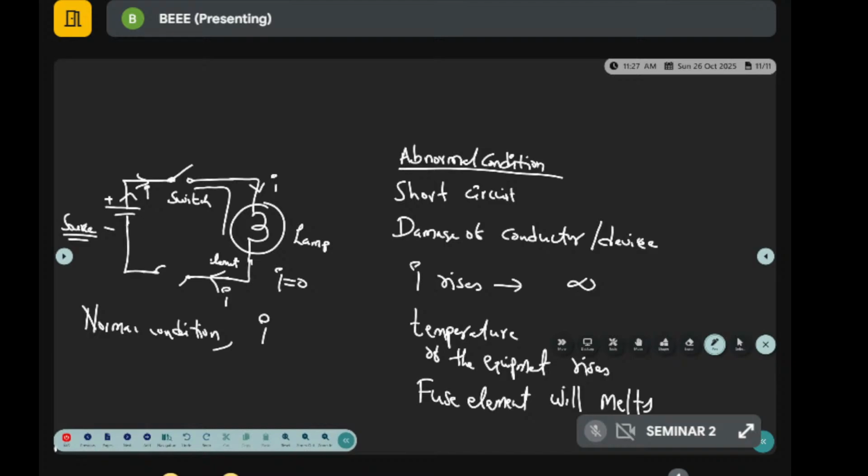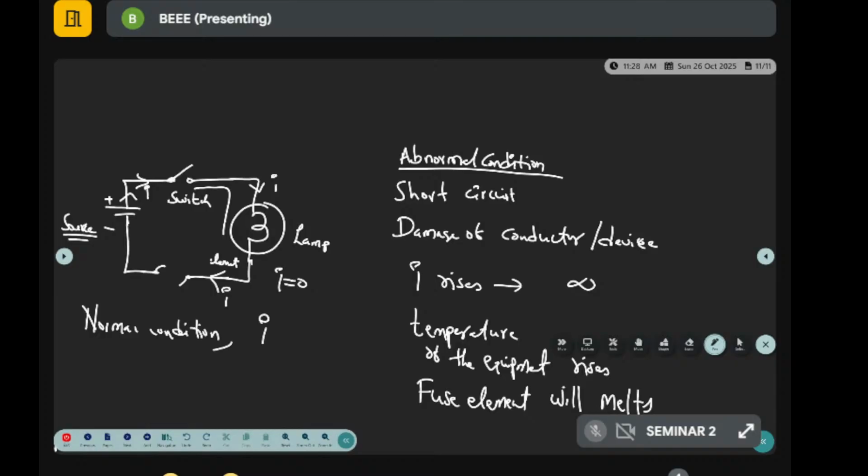So here we have to take care about the fuse element. What characteristics must the fuse element have? What material will we use? I will tell you now. Do you understand the principle now?